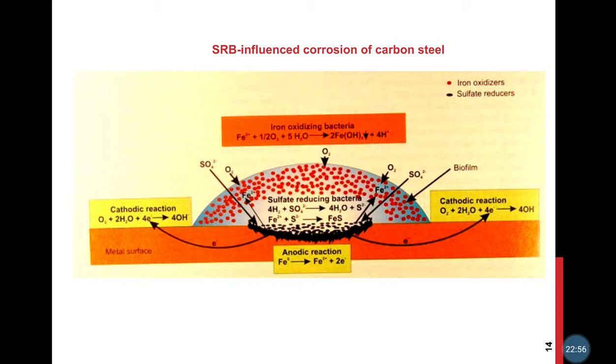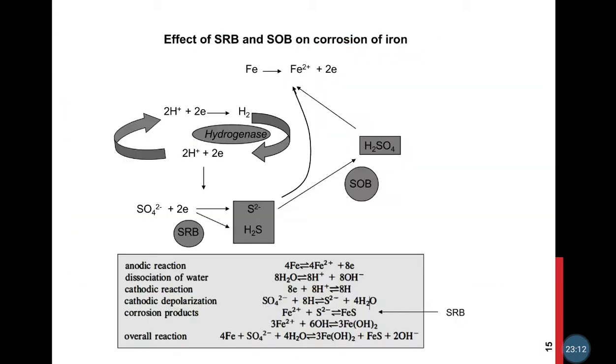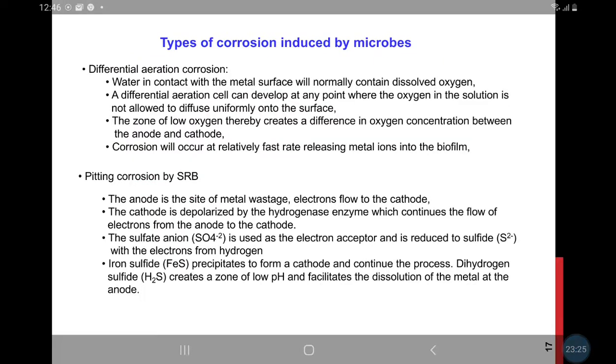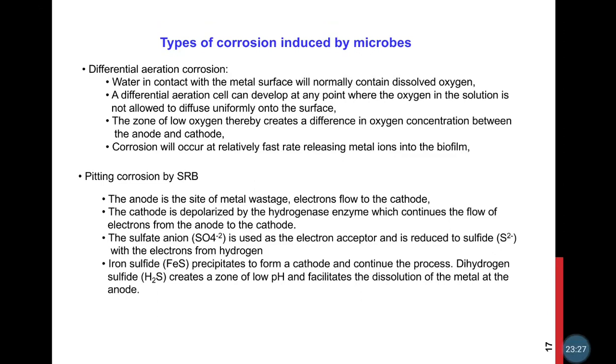So this is the diagram represent on the SRB inverse corrosion on carbon steel. Okay, you boleh tengok the proses sama juga macam yang dekat internal macam yang dekat pipeline tadi. Cuma you boleh tengok untuk you fahamkan macam mana dia berlaku. Okay, so this is more on the electrochemical theory, what occurs actually in microbial induced corrosion.